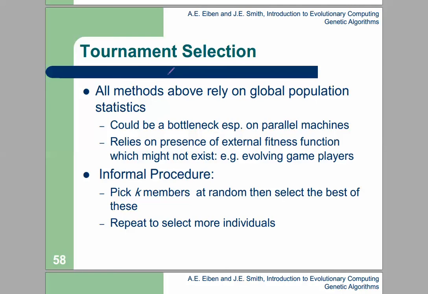Tournament selection. In the two previous selections, we use all of the elements, but in a tournament, such as a sport tournament, we have members, not all of the members, and we rank elements.